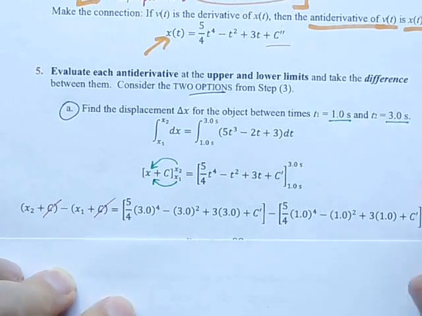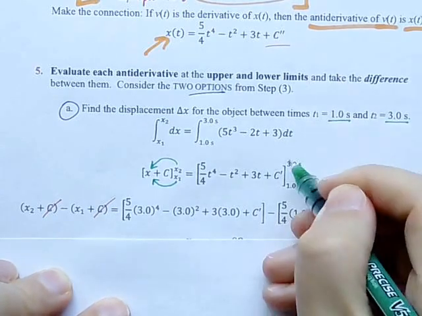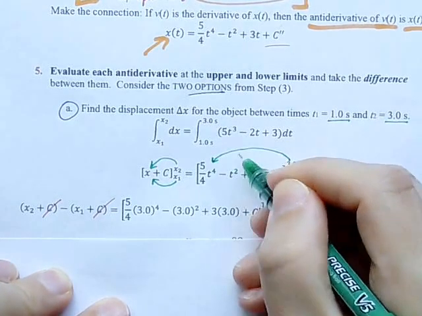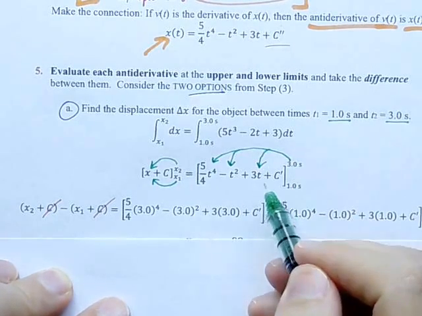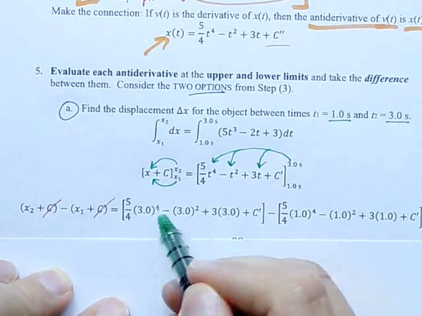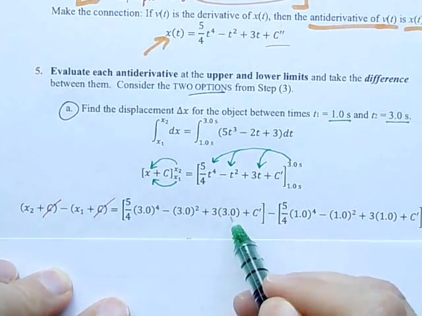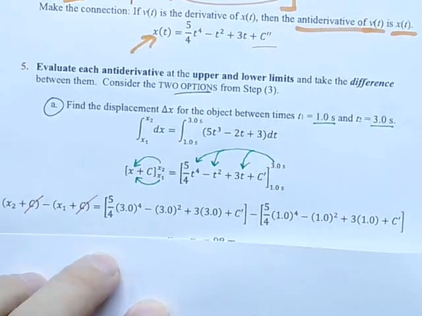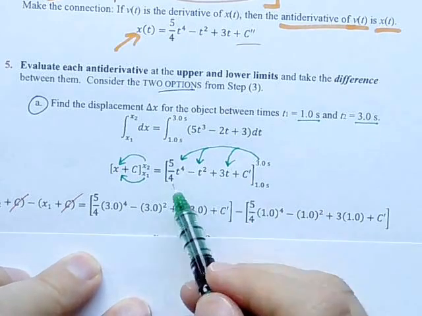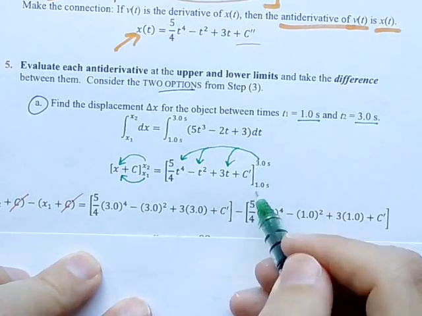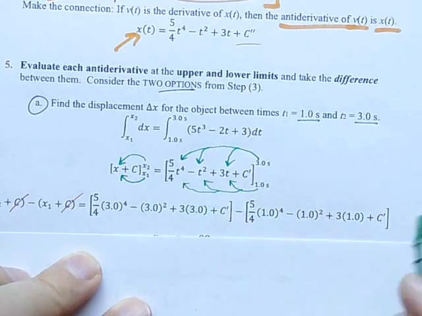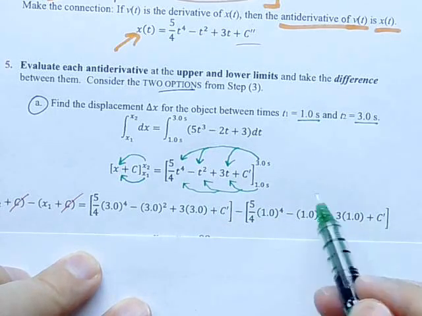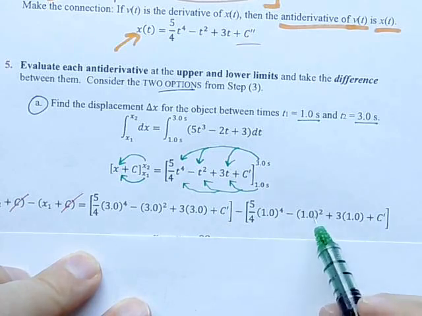How nice. Then, on the right-hand side, 3 seconds is going in for t, for everywhere t is, there, and there. So that's our antiderivative evaluated at t equals 3 seconds. And then minus that same antiderivative evaluated at 1 second. So 1 second will go in for t everywhere. So here's our antiderivative polynomial with t equals 1 second, 1 second, 1 second.